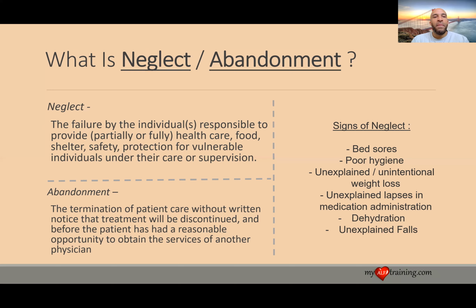In my experience, and you may share this experience as well, some of the most common signs of neglect will be poor hygiene, unexplained weight loss, dehydration and falls. It can be one, it can be a collection of some.